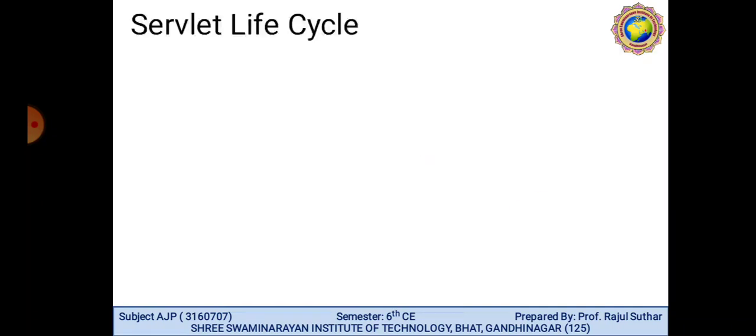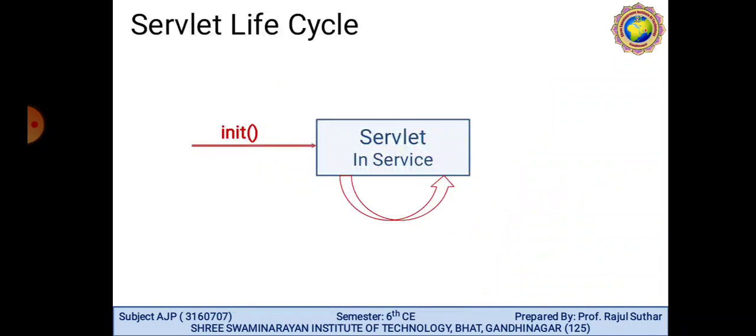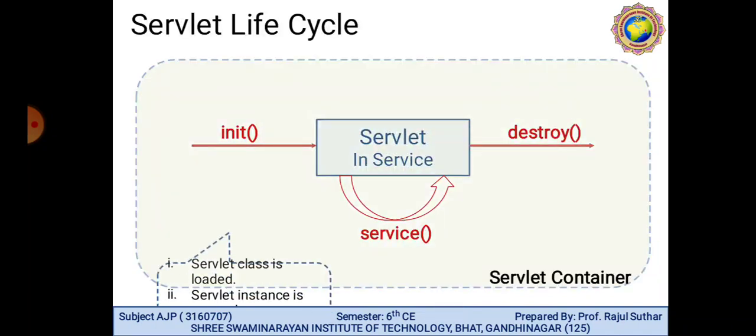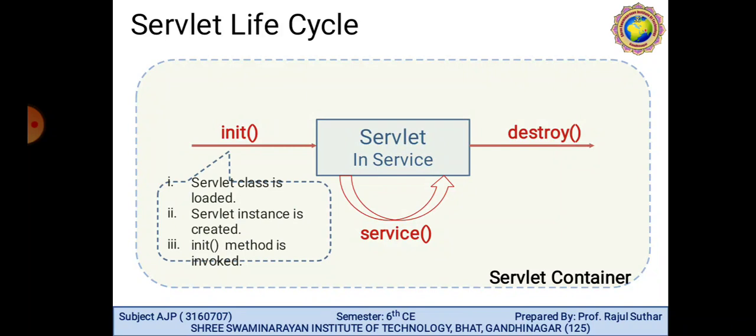The Servlet lifecycle we already discussed previously: init, service and destroy. Three main methods are used for Servlet. So what is the functionality of the init method? First of all, the Servlet class is loaded. In the second step, the Servlet instance is created, and it is invoked by using the init method.